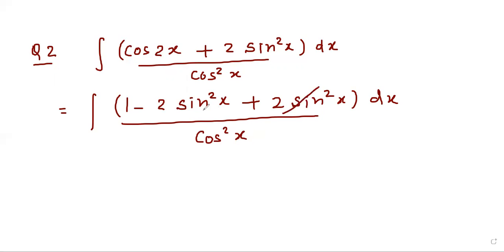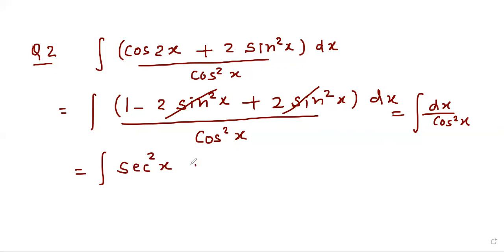Here 2 sin square x, 2 sin square x cancel out, and we will get integration dx upon cos square x, which is integration sec square x dx, which is equal to tan x plus c.